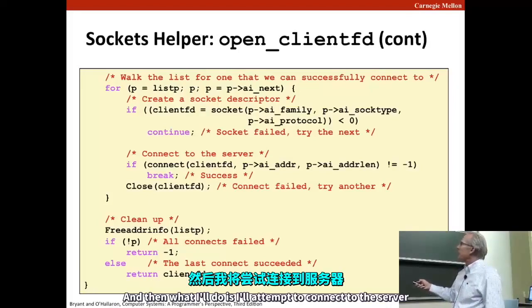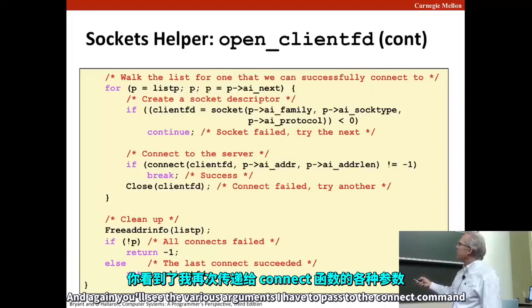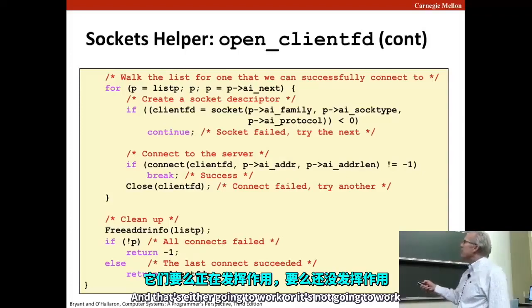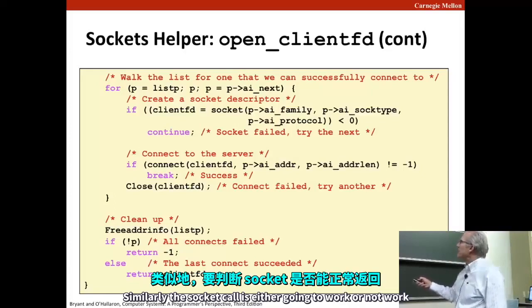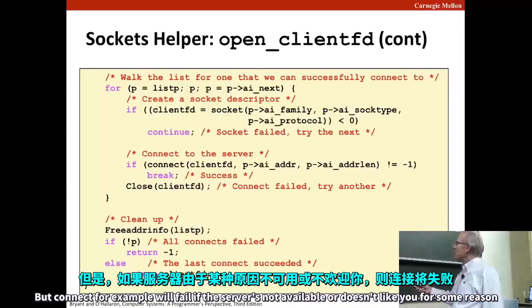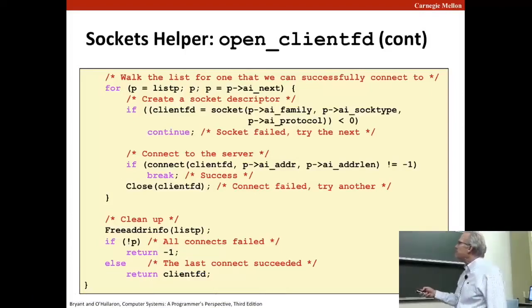And then what I'll do is attempt to connect to the server. Again, you'll see the various arguments I have to pass to the connect call are provided for me out of the call I made to getaddrinfo. And that's either going to work or it's not going to work. Similarly, the socket call is either going to work or not work. It'd be very unusual for a call to socket to fail. But connect, for example, will fail if the server is not available or doesn't like you for some reason.